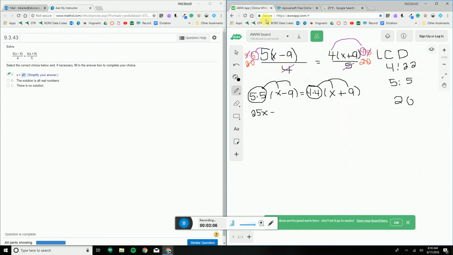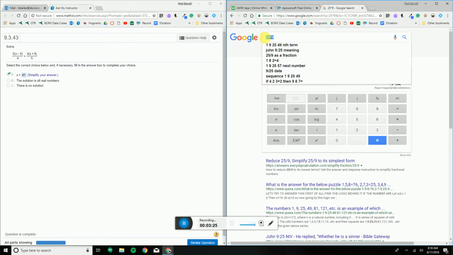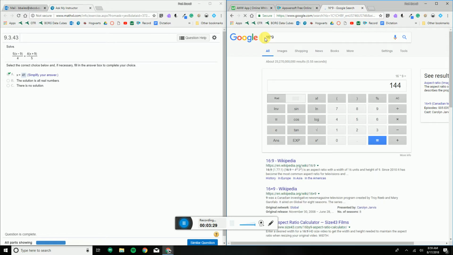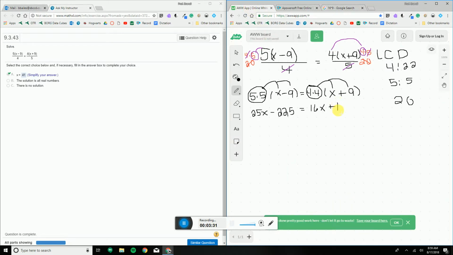And it's 225. And on this side, 4 times 4 is 16, so I'll have 16x. And then I need to distribute to the 9, so I'll need 16 times 9, which is 144.